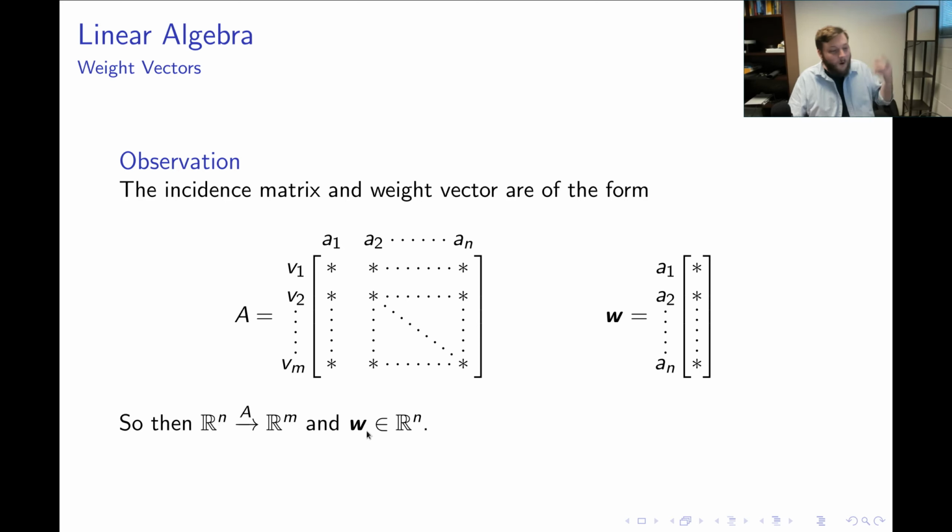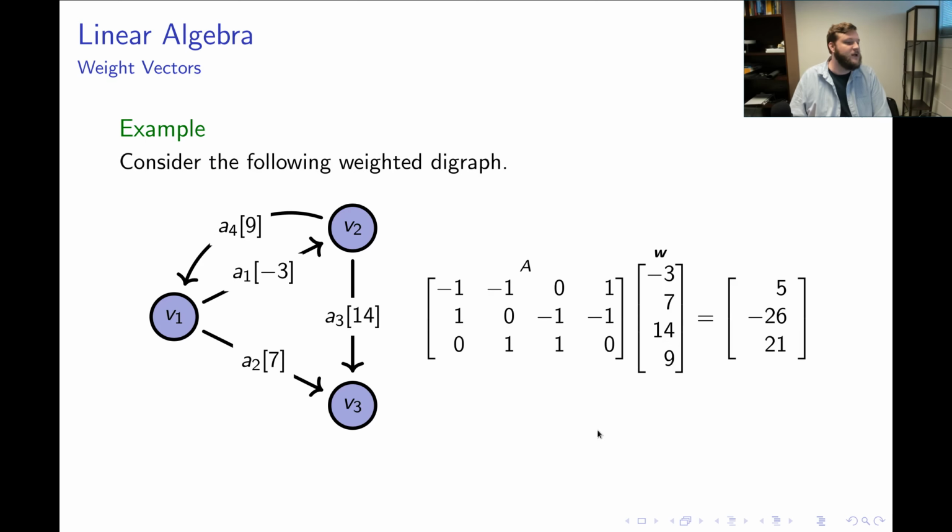And lo and behold, the weight vector is precisely a vector in R^n. So I'm allowed to multiply the incidence matrix by the weight vector always. So the product A times W when I'm dealing with weighted directed graphs makes sense. Here, again, A is the incidence matrix and W is the weight vector. So let's look at an example where we do this. Here on the left, I have a weighted directed graph.